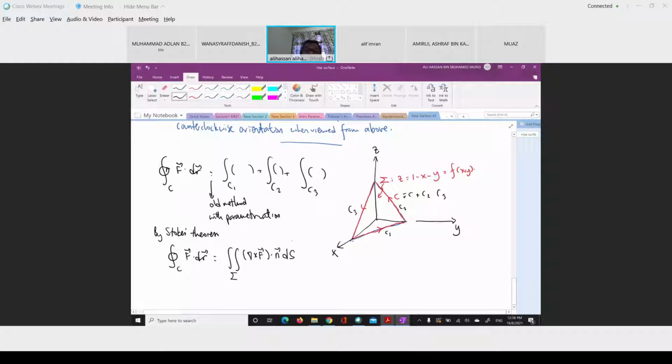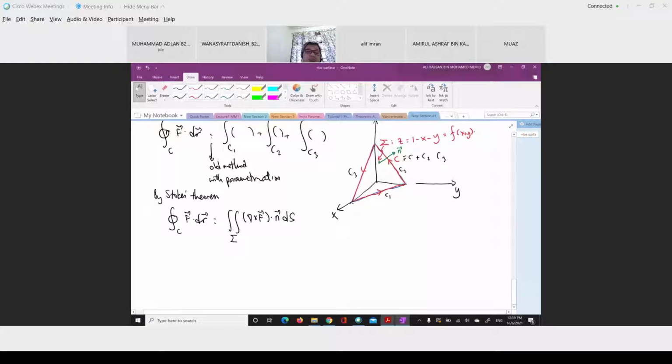Here we have a normal vector, right? The normal vector is according to the orientation using the right hand rule. We know that n here is in the upward direction, using the right hand rule.